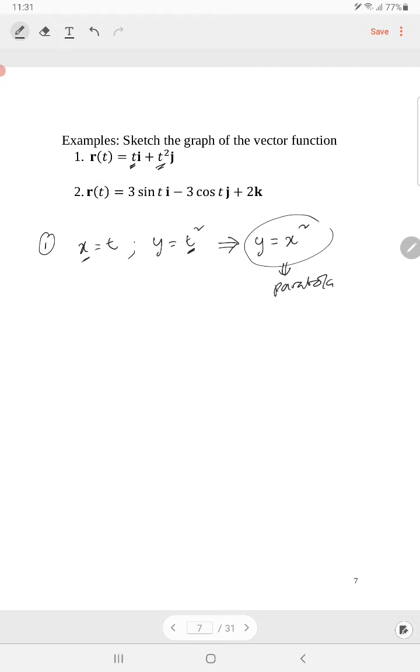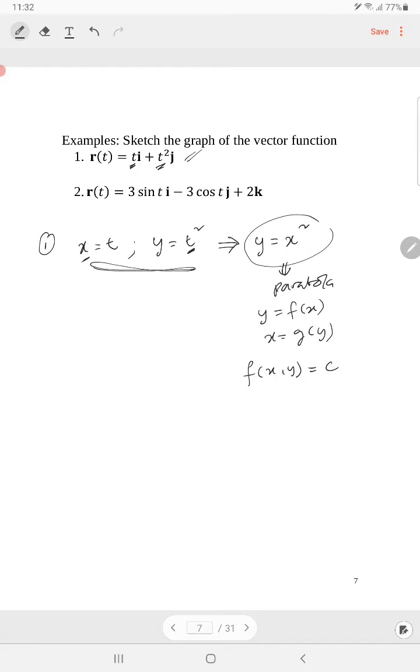So for a curve on the xy plane, you can represent your curve using a vector valued function, or using a set of parametric equations, or as a function y in terms of x, or x as a function of y, or an equation f(x, y) equals a constant.